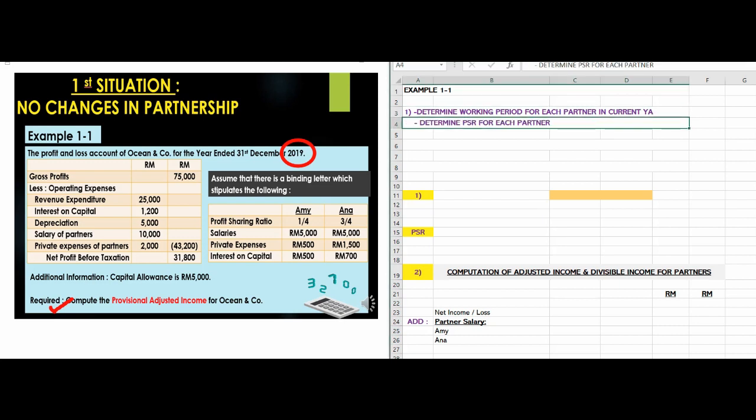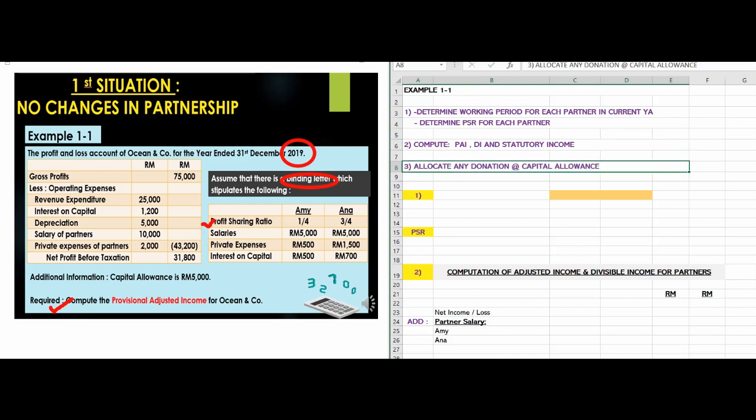Second, you have to identify the PSR for each partner. Usually, the PSR will be under the additional information or in the binding letter, which provides the profit sharing ratio. Number 2, you have to calculate PAI, the divisible income and statutory income.